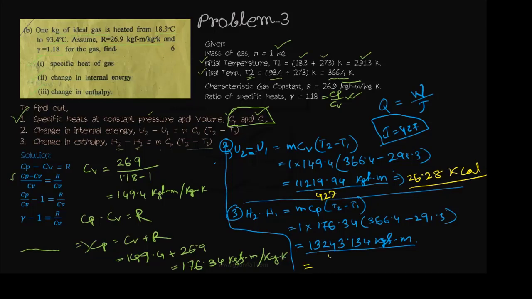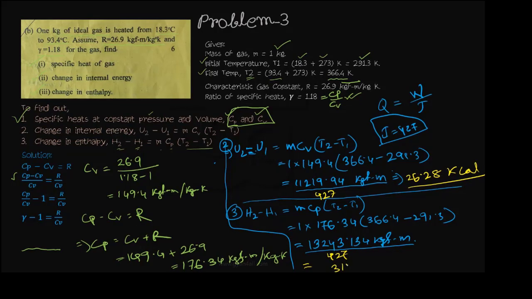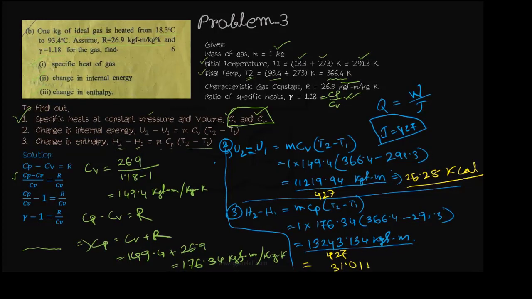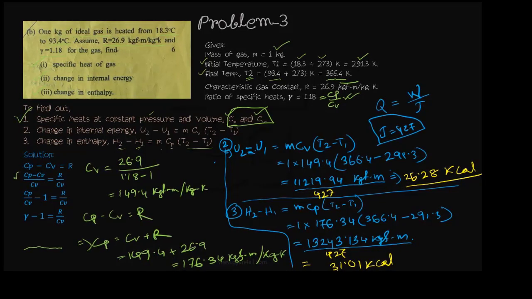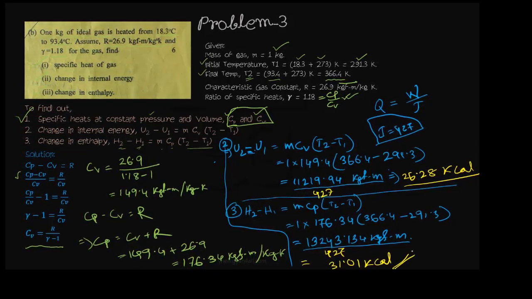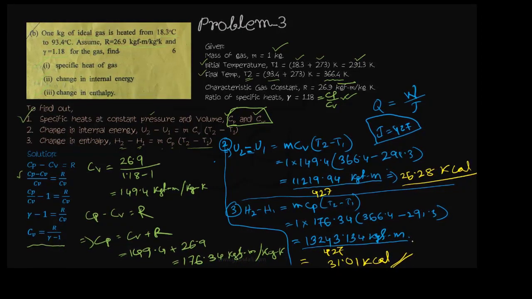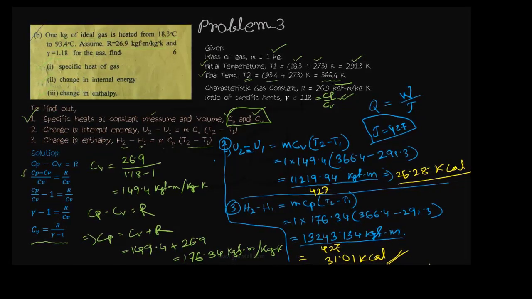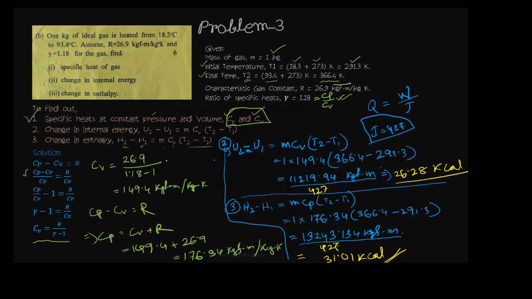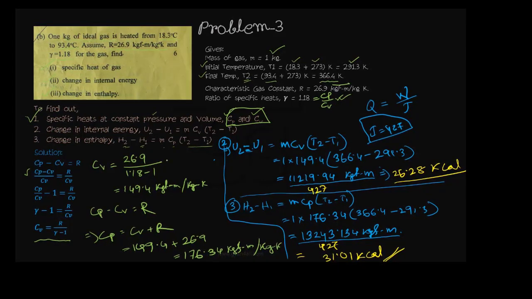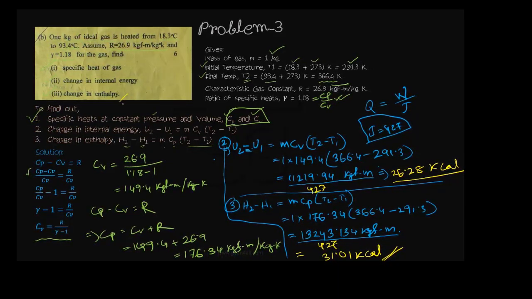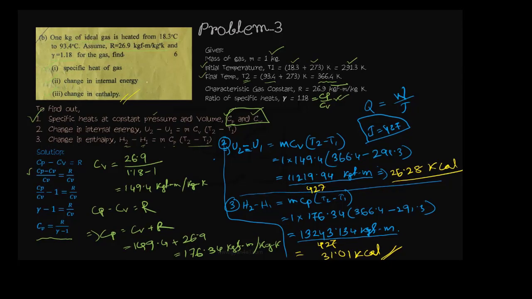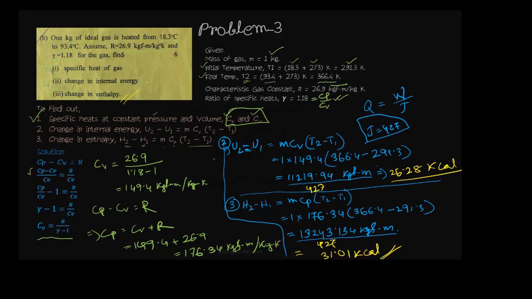And in this case, if we divide it by 427, it will be equal to 31.01 kilocalorie. In SI unit it would be kilojoule, but in MKS or metric unit it is kilocalorie. So we have calculated specific heats Cp and Cv, change in internal energy, and also the change in enthalpy during this heat addition process.